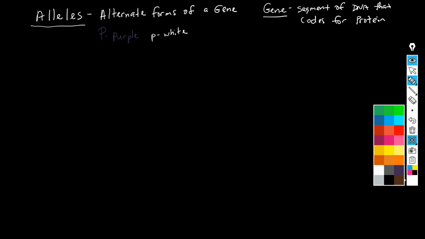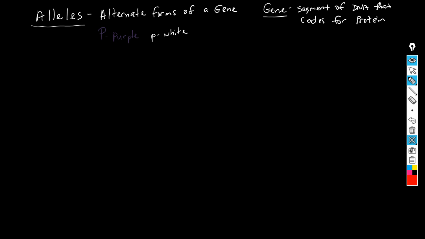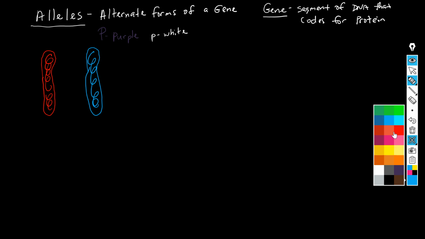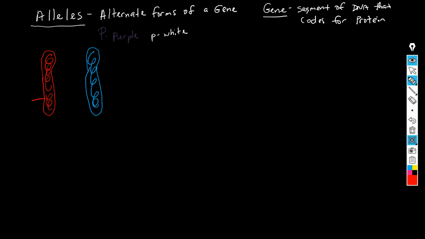We're going to tie this back into those homologous pairs that we learned about in meiosis. I'm going to keep the same color scheme that we used there. We're going to make chromosome pair number 1. With chromosome pair number 1, we'll say that this red chromosome represents the maternal chromosome, and the blue represents the paternal chromosome.